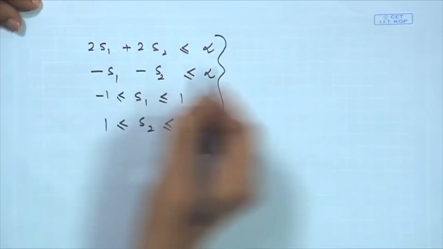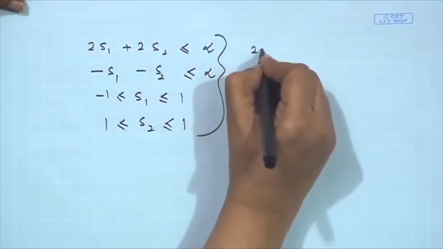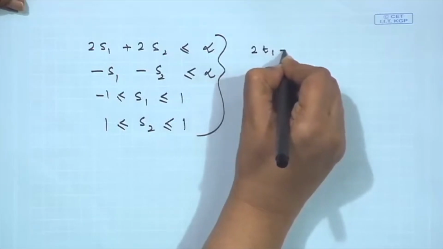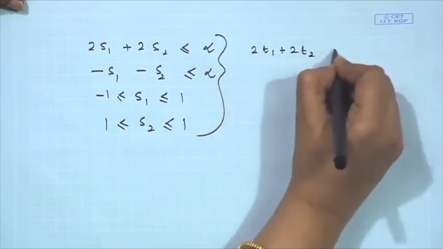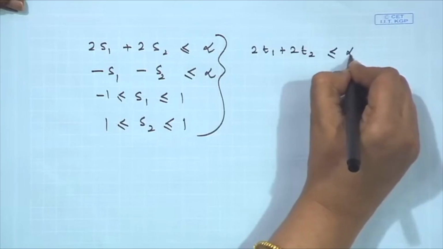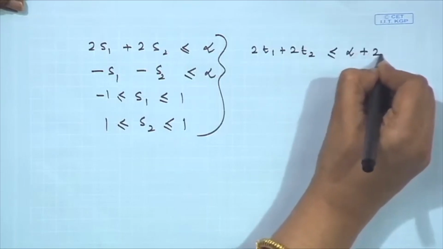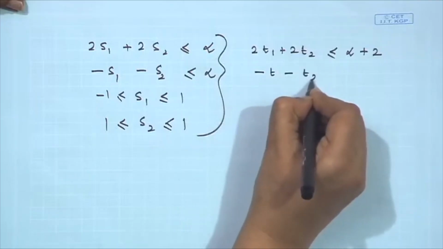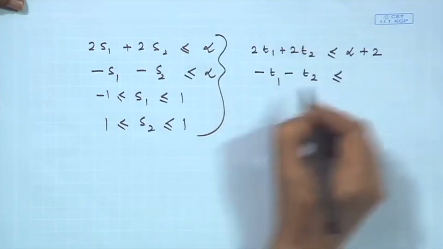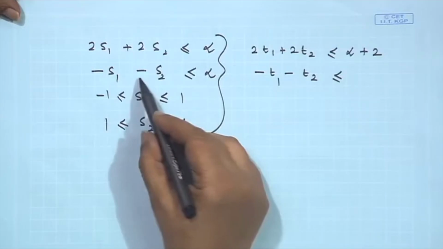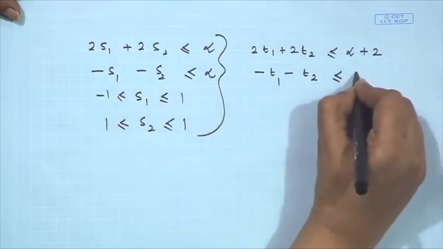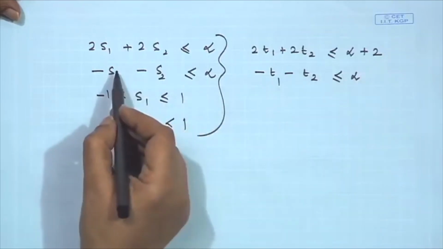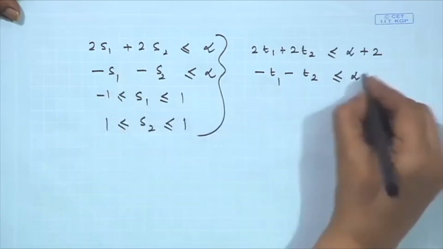After this transformation, it will become 2 t1 plus 2 t2 less than or equal to alpha plus 2, minus t1 minus t2 less than or equal to alpha minus 1 plus 1 minus 1.